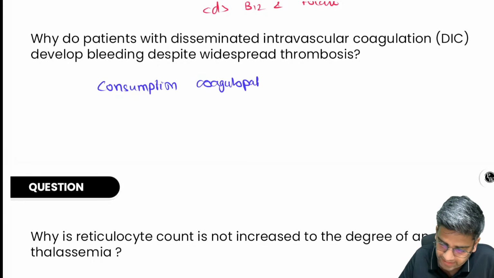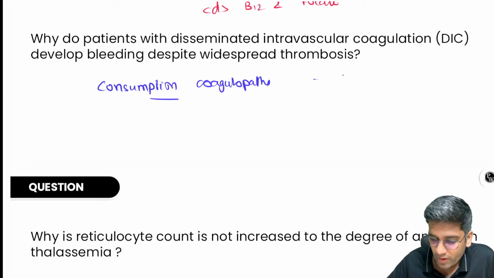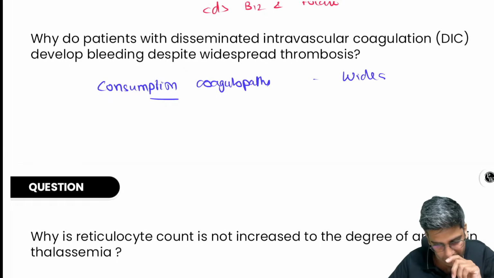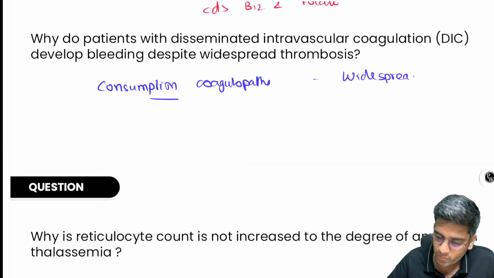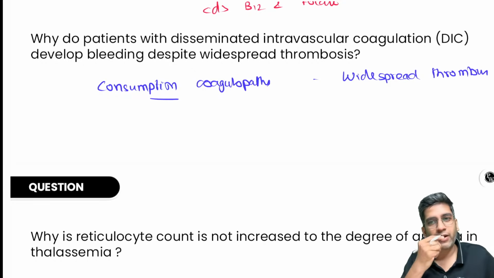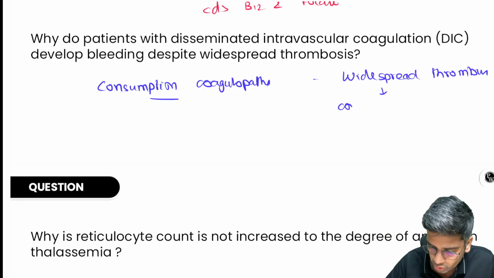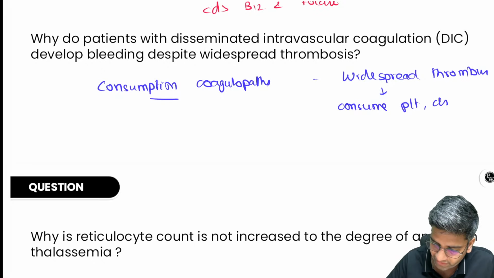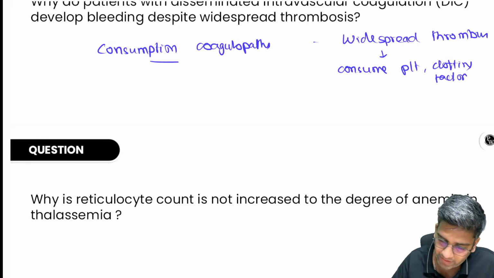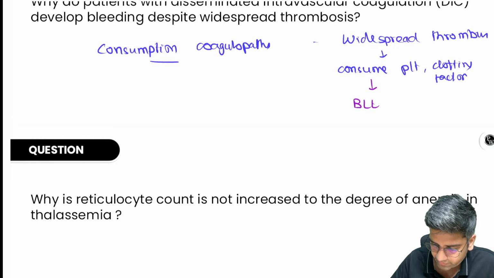The widespread thrombus is the starting point. I'm going to have hundreds of thrombi in the tiny microcirculations of the body. This will consume platelets and consume the clotting factors. Once platelets and clotting factors are consumed, it will automatically result in bleeding. The patient bleeds.